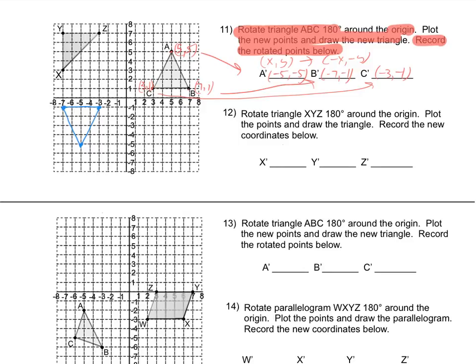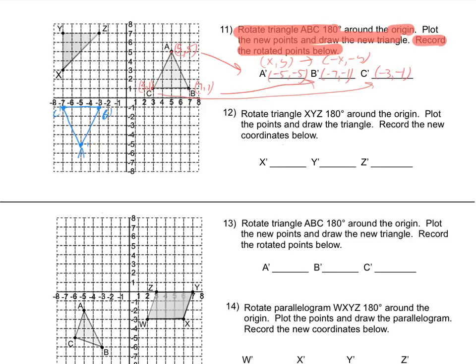Make sure that you put the correct letters in the correct order and put your prime notation. And one thing you're going to notice is that the C has been rotated 180 degrees to the other side.